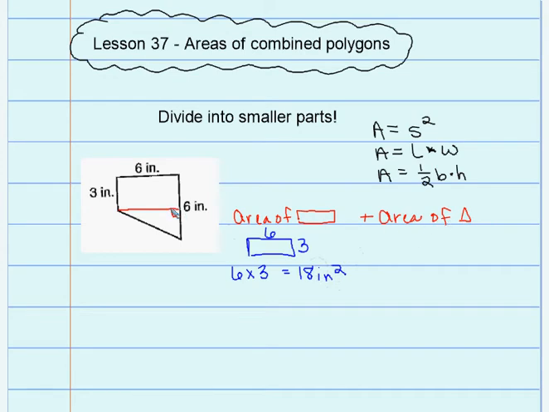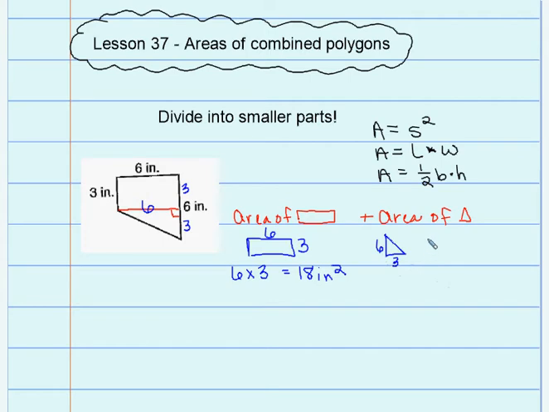The area of this triangle, now in order to do that I need to label some dimensions here. So this horizontal piece here would be 6, and then I have to figure out the length here. Notice that this is 6 inches and this was 3, so this has to be 3. So I have a triangle with 6 and 3.